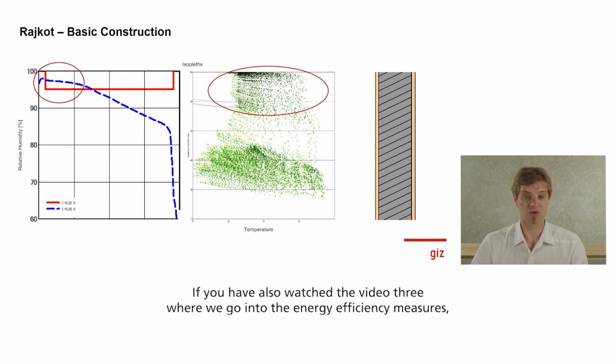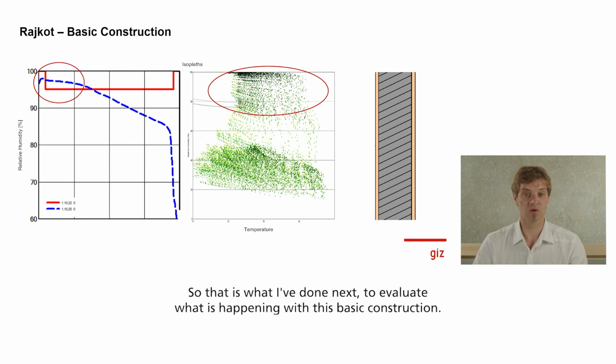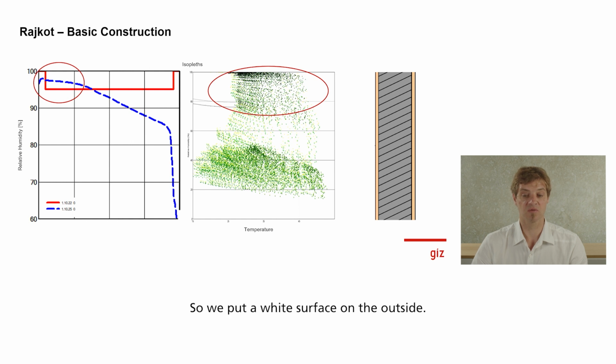If you have also watched video 3, where we go into the energy efficiency measures, you will have seen that we have tried to put a white surface on the outside in order to enhance the energy efficiency. So that is what I've done here also, to evaluate what is happening with this basic construction if we put on a white surface on the outside.